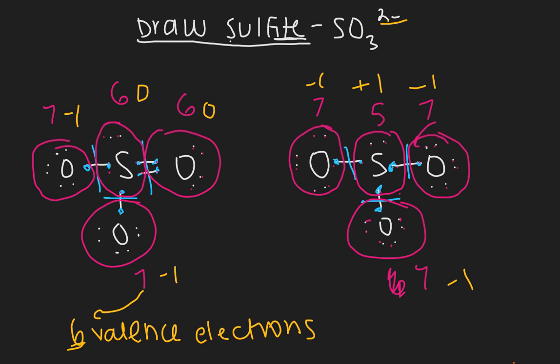So the first way is to look at the electronegativity. Basically, the charge is more likely to be on the electronegative element.